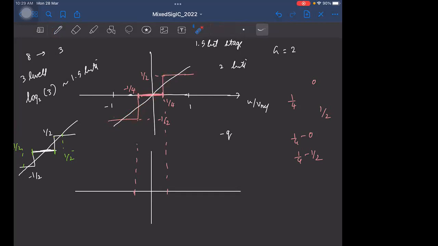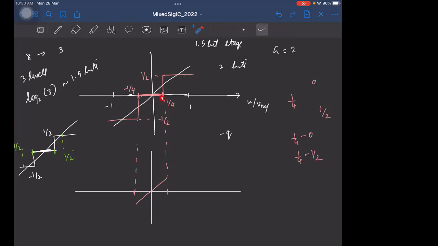So in this range, you find that the quantizer output is 0, but the input is increasing. So the input minus the output will also increase. Let me draw it like this. Fine. Because here the output is 0, right? But the input is still increasing. So quantization error will also increase.